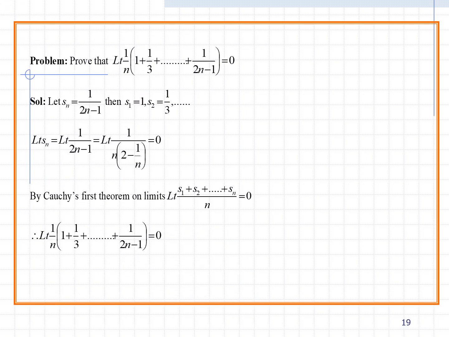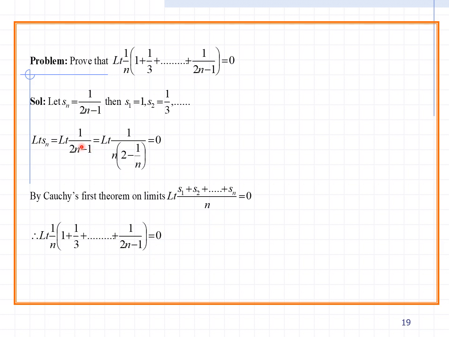Let us see this one problem. Prove that limit 1 by n into (1 plus 1 by 3 plus so on plus 1 by 2n minus 1) equals 0. Here I can take the nth term as Sn. Putting n equal to 1, I get s1 equal to 1. Putting n equal to 2, I get s2 equal to 1 by 3. Now we can take the limit.